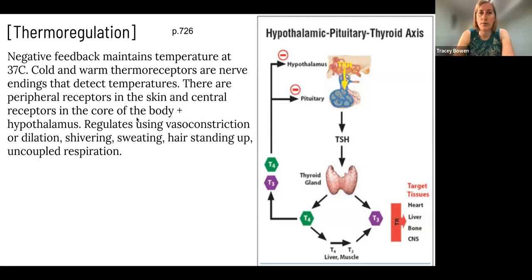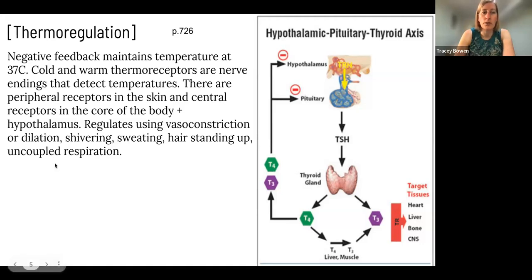And so this is going to regulate vasoconstriction, which means blood tube constriction, or dilation, which means opening, shivering, sweating, and hair standing up, which would be useful if we had hair like monkeys do, but we don't. So hair standing up is not going to be very useful for maintaining warmth.